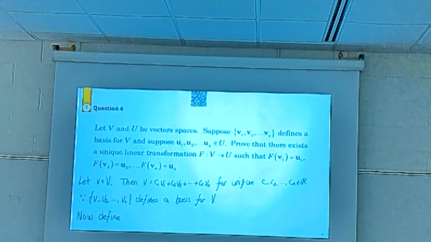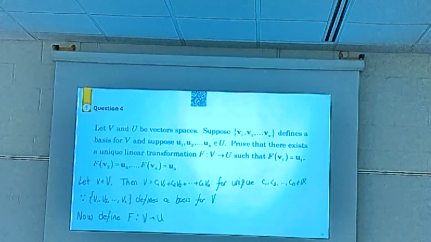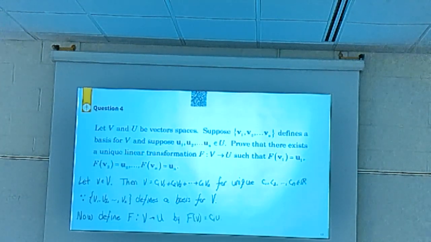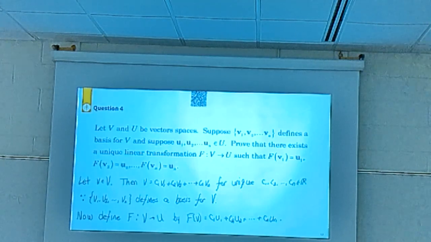Let's say there's our mapping. So you take a vector from V, you plug it into your map.